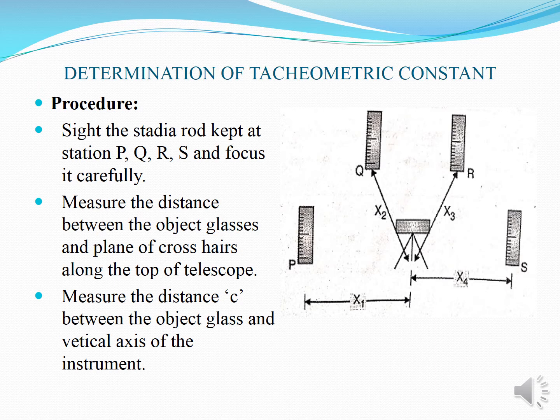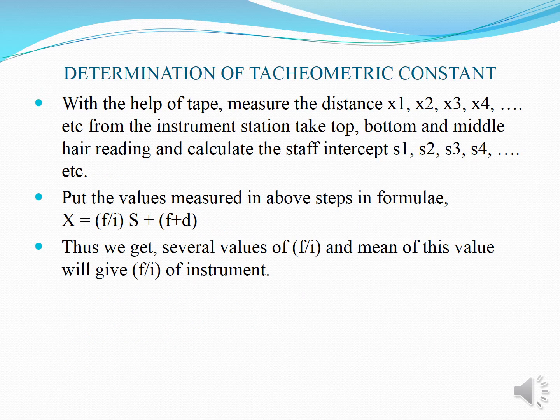With the help of a tape, measure the distances x1, x2, x3 and x4. These are the horizontal distances you have marked, measured from the instrument station.